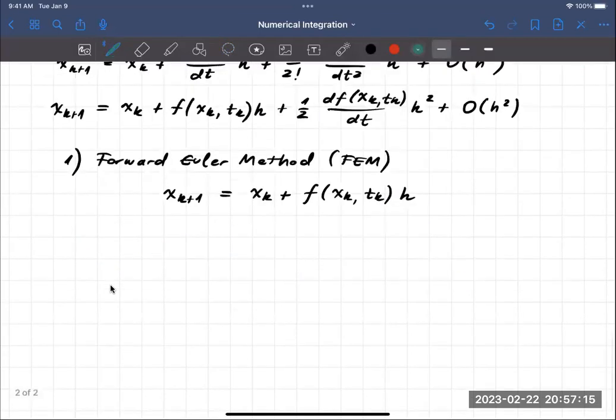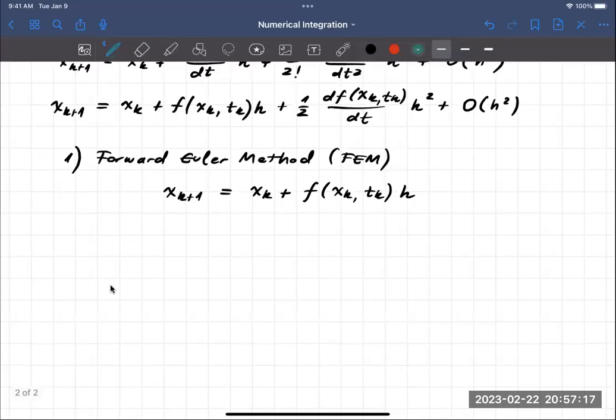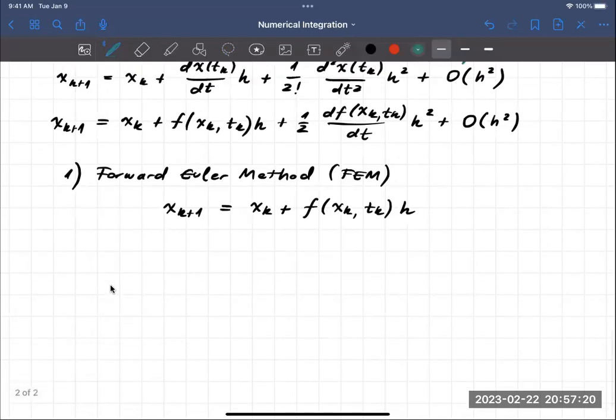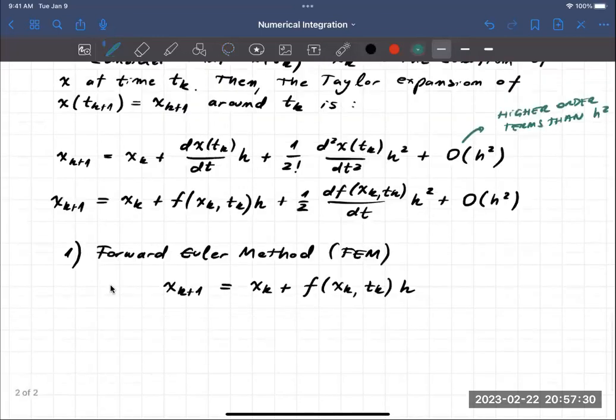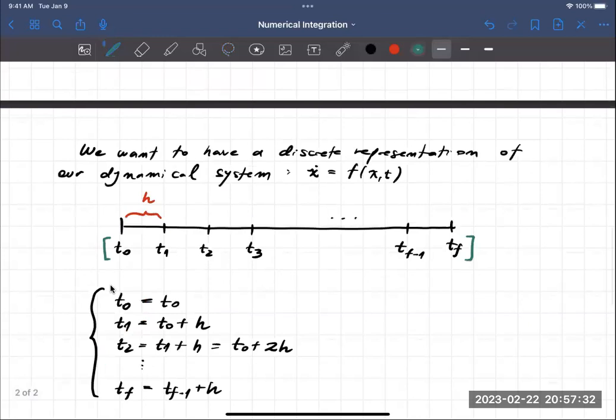Remember, this is a vector equation. So let's say we start with some x0. We know that this is going to start from x of t0 equals x0, so the initial condition is known.